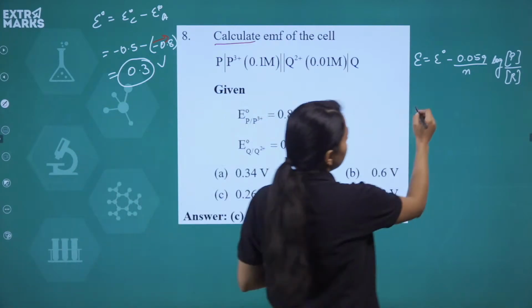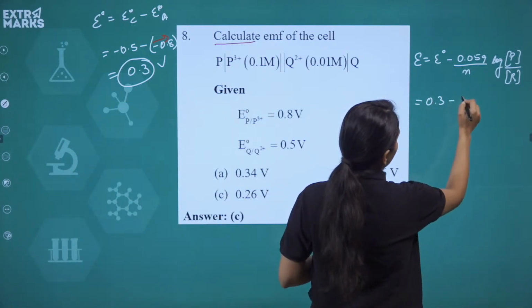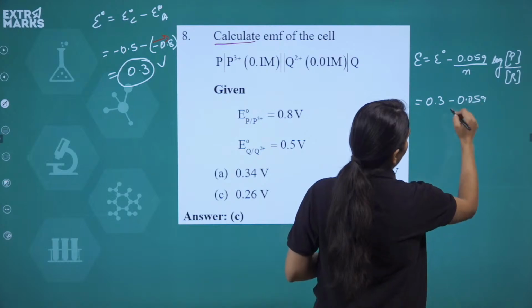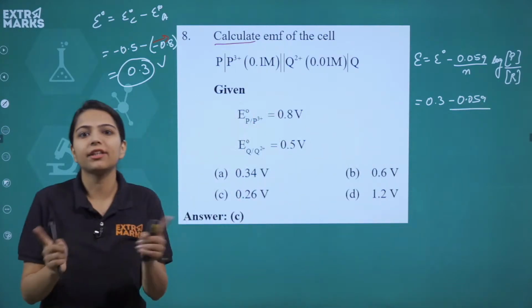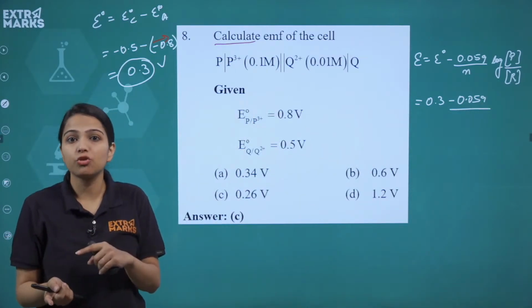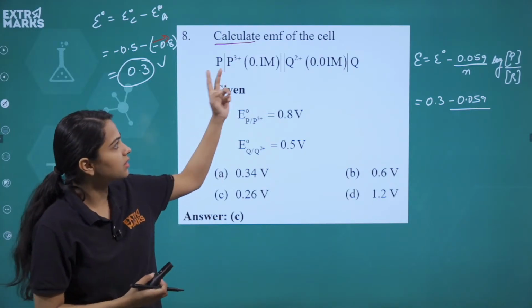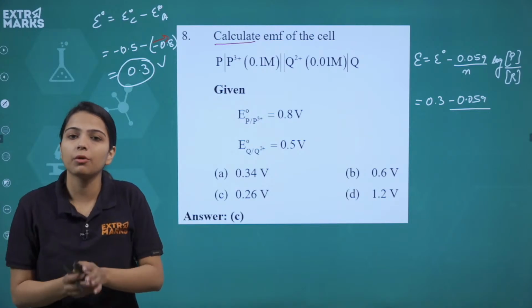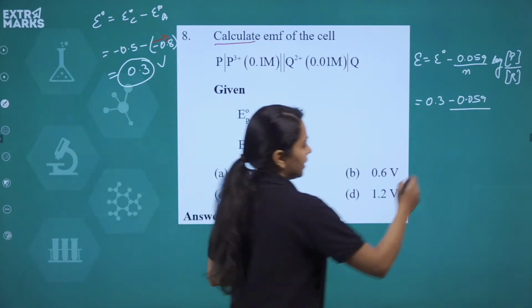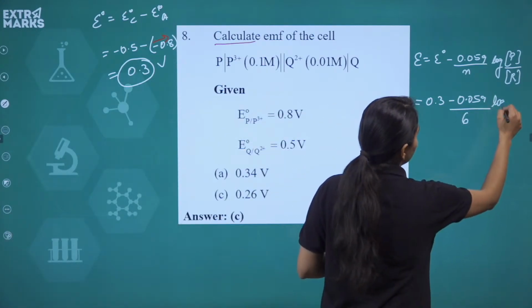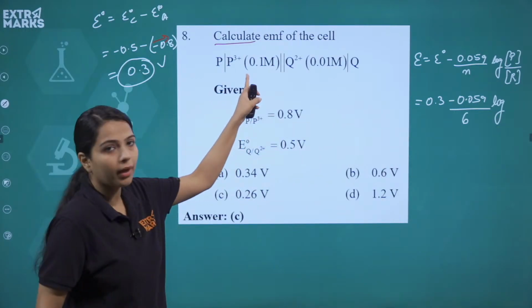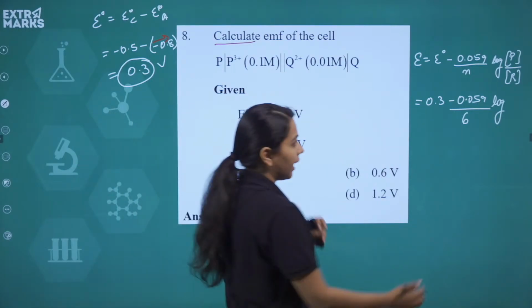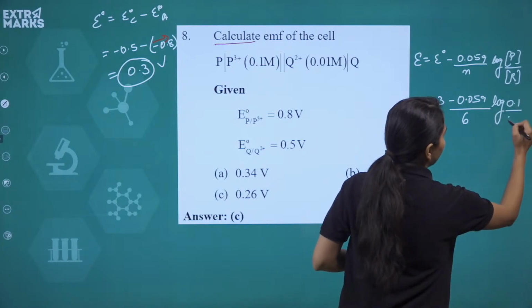Now over here 0.3 minus 0.059 upon the number of electrons exchanged here. The number of electrons exchanged will be 6 because over here it is 3, over here it is 2. When you balance this complete equation, the number of electrons exchanged will be 6 there. So log of concentration of product is 0.1 divided by the concentration of reactant, 0.1 upon 0.01.